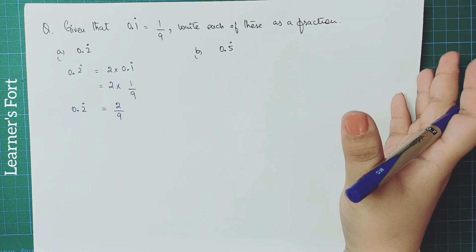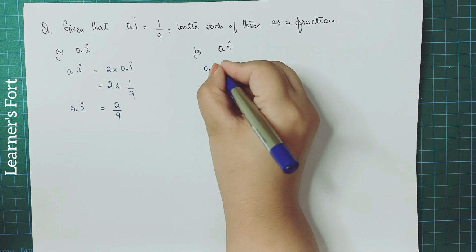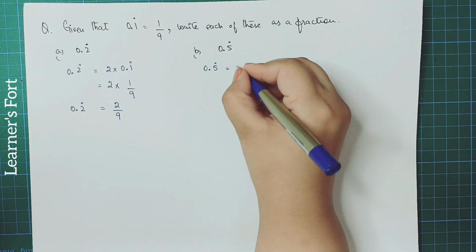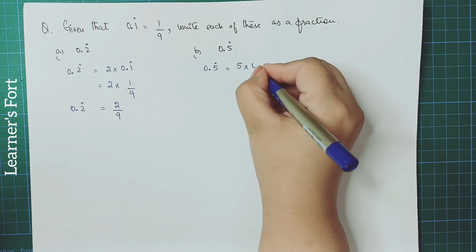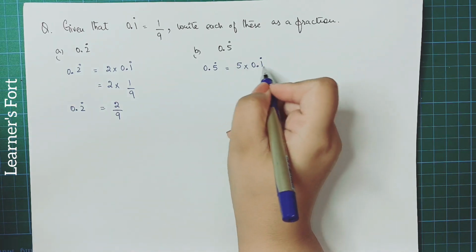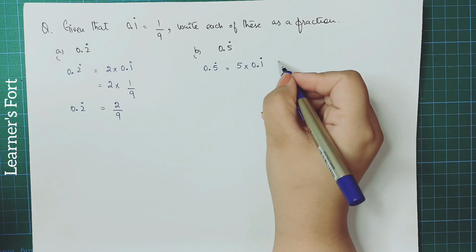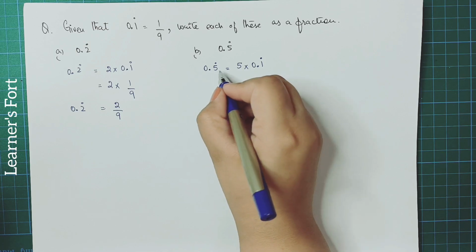Let's have a look at another example. 0.5. Now 0.5 dot can also be expressed as 5 into 0.1 dot, right? When 5 is multiplied by 0.1, it gives out 5 zeros are 0 dot, 5 ones are 5. So it gives out 0.5.